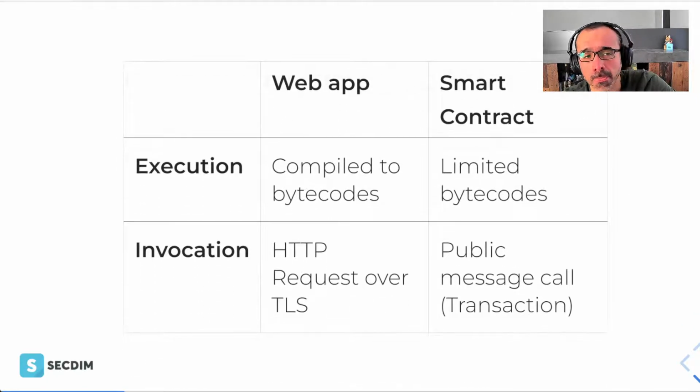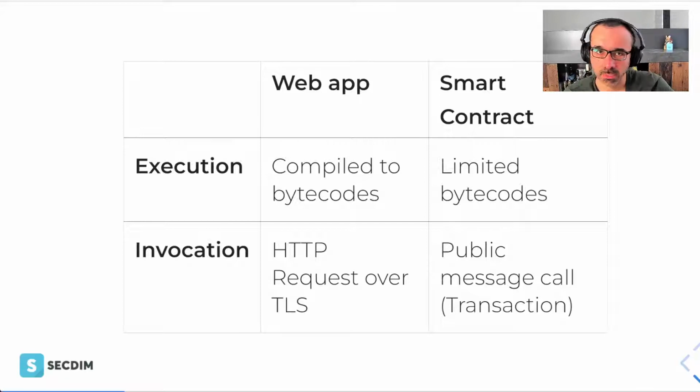First, both web apps and smart contracts, by the end of the day, need to be compiled to bytecode. If you are familiar with assembly or machine code, x86 or x64 bytecodes, it's similar. Obviously, in the smart contract world, we have a limited set of bytecodes, some of which we're going to see toward the end of today's presentation.